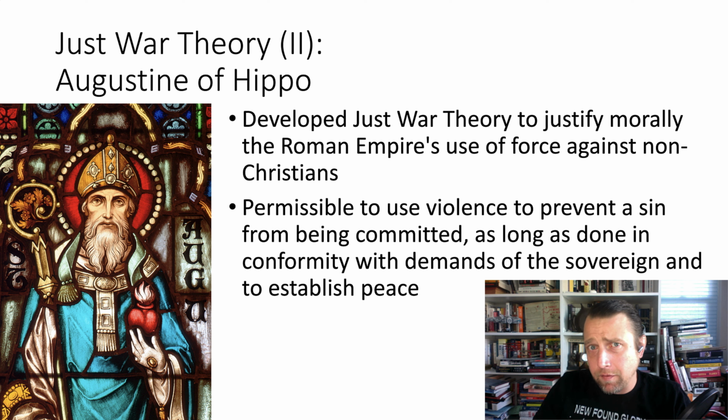The key for Augustine lay in distinguishing between killing outside of war, which he considered to be murder, and killing during war, which he considered to be not. Augustine essentially argued that Christians are allowed to kill during a war if certain conditions are met.